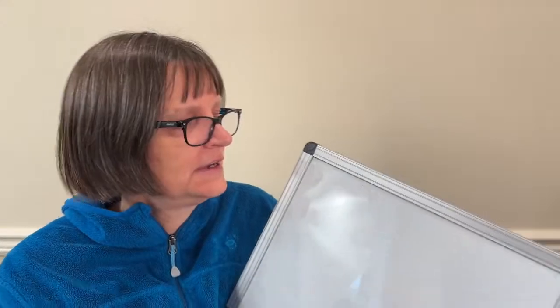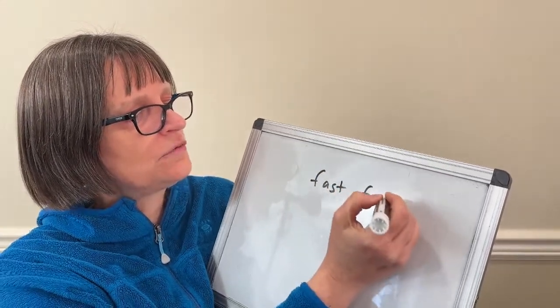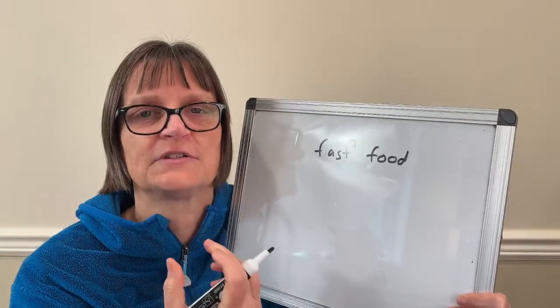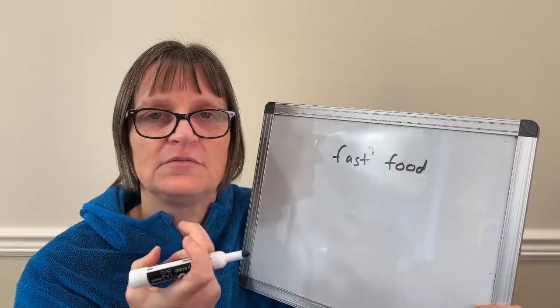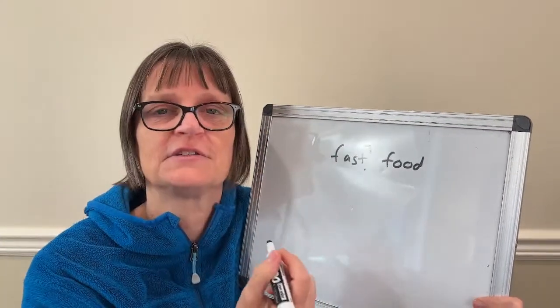We have a question about if T is dropped when we pronounce fast food. So fast food, it's not dropped, but it's not necessarily strongly articulated either. So we might just use an unreleased T there, or we might pronounce a little light T, fast food.